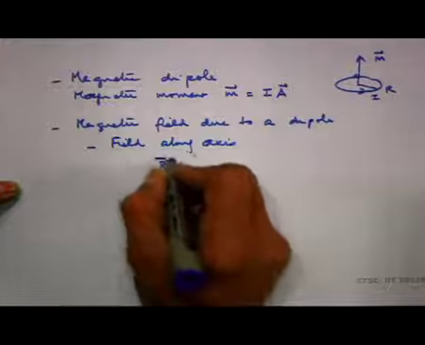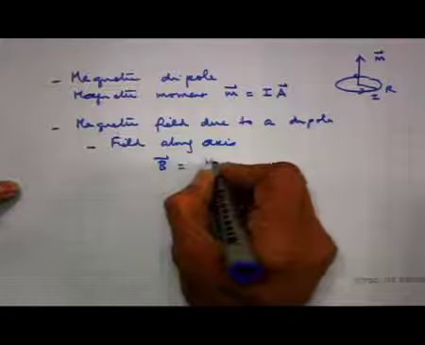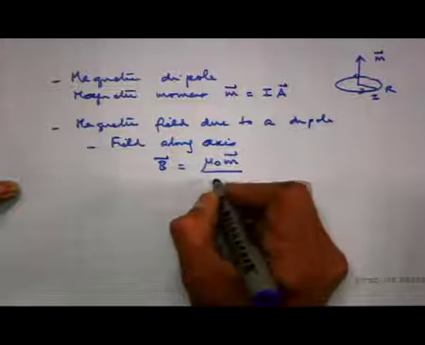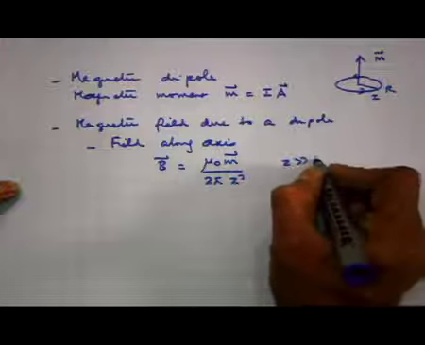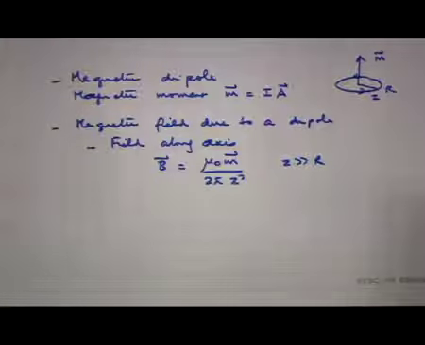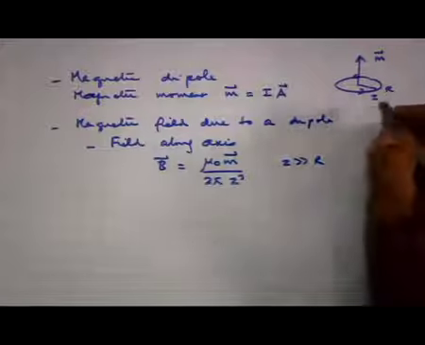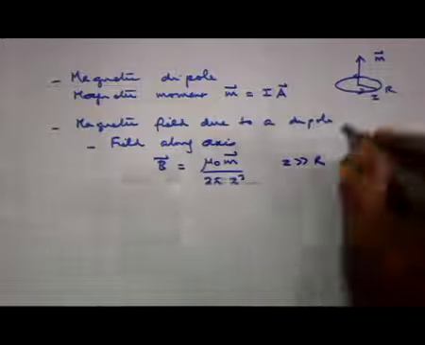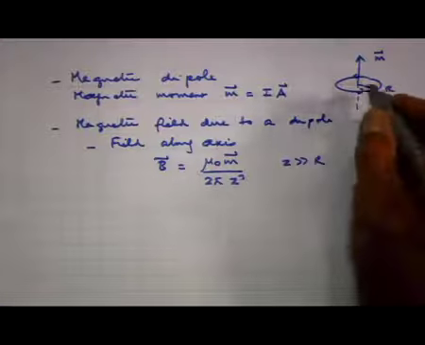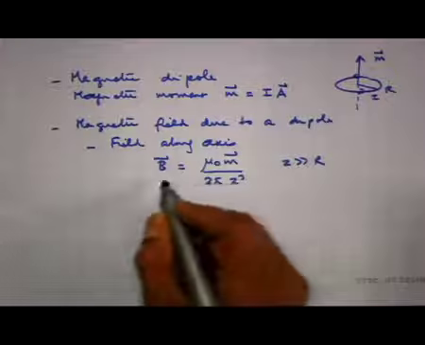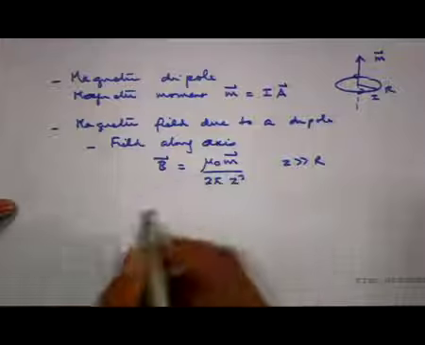B is equal to mu naught m by 2 pi z cube, where z is much greater than the radius of the coil. So, this magnetic field is on the axis far away from this dipole, and it has the same direction as the magnetic dipole moment.